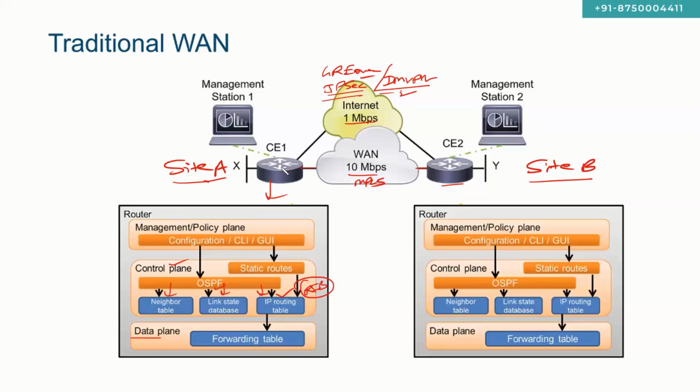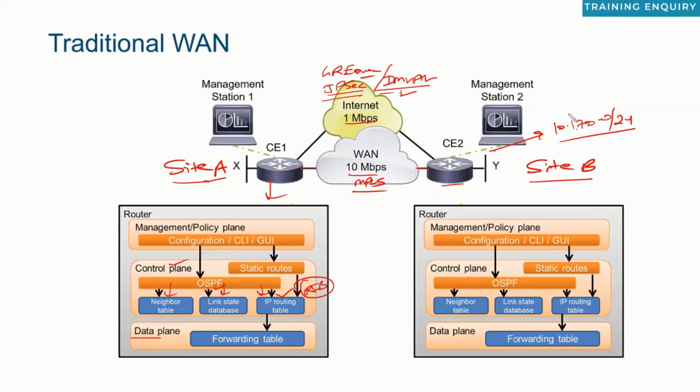Especially for the policy. For example, if your primary circuit was MPLS, now you decided that there is a LAN subnet behind site B, which is 10.1.70.0/24. For that particular prefix, now you want your internet or DMVPN to be the preferred path.